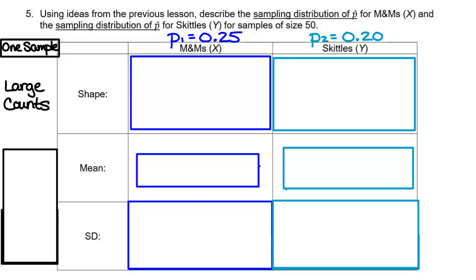I want you guys to calculate large counts for M&Ms and large counts for Skittles. We're on the next page, but at the very top, so you barely missed anything.